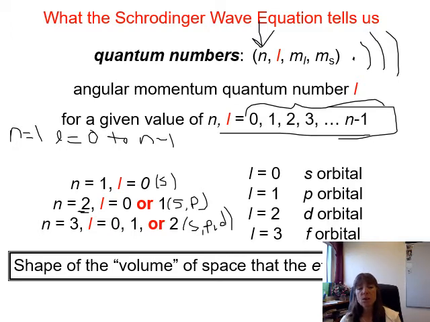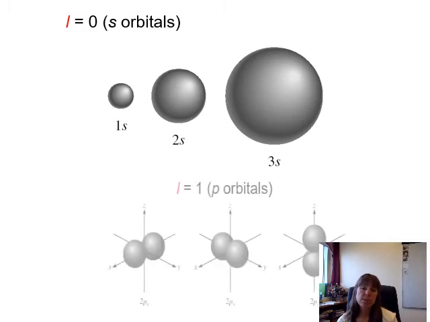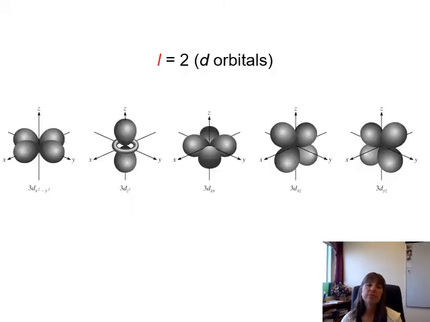So this second quantum number here, L, describes the shape of the orbital in which the electron may be found. So here's our s orbitals, and that's what we saw in the previous slide. And there's our p orbitals, and that's what they look like. Like I said, it's kind of like a lobe, and it goes down to 0 in the middle. So these d orbitals, again, have kind of weird shapes.